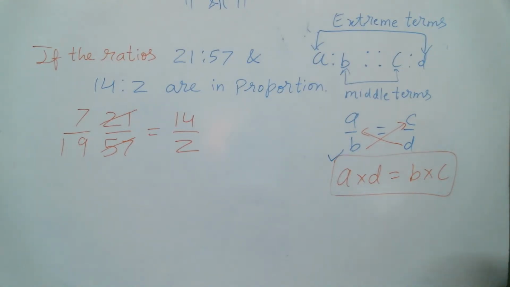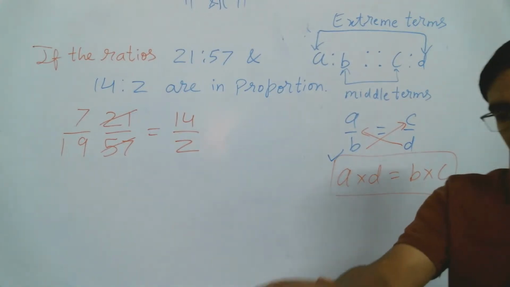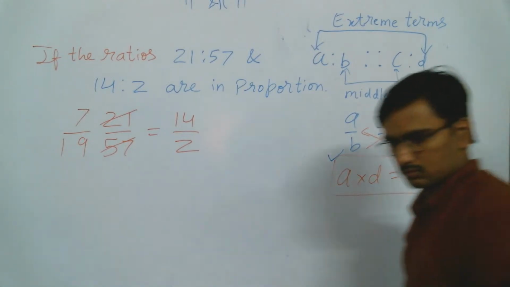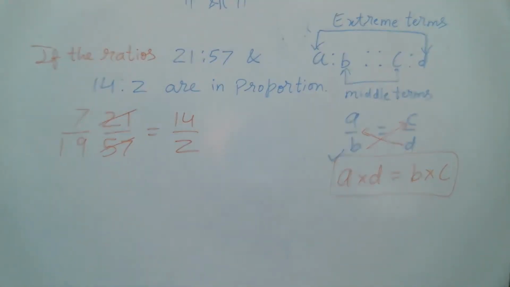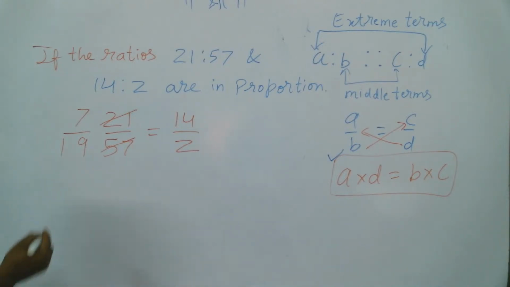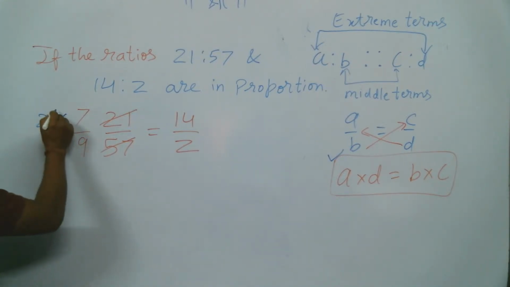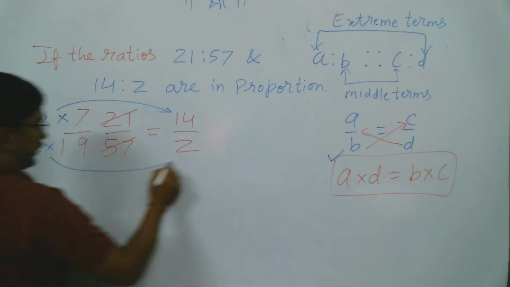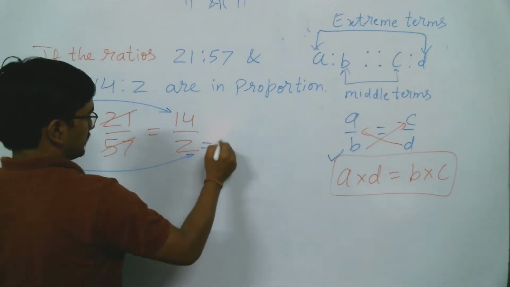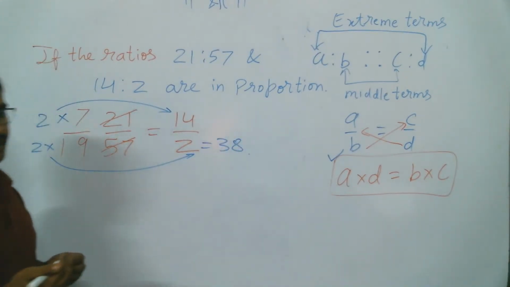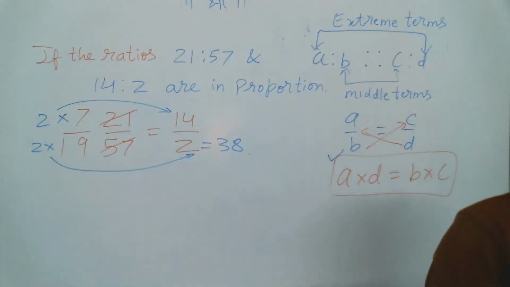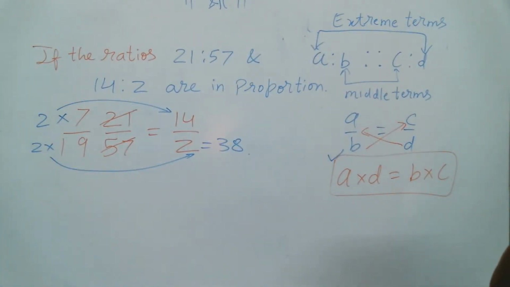So you can see here that the 7 must be multiplied by 2 to get 14. Same way, when you multiply 19 by 2, the Z is 38. The value of Z is 38 here.